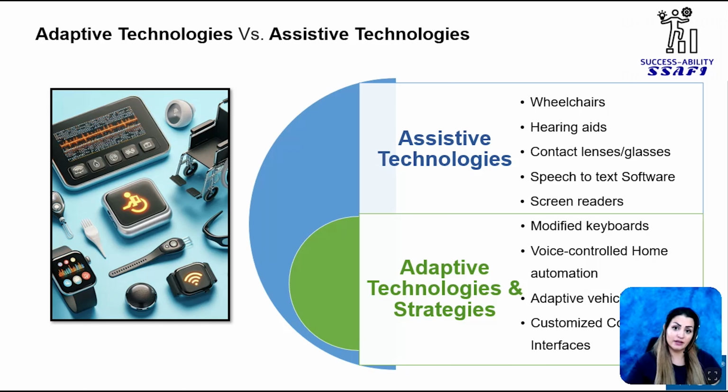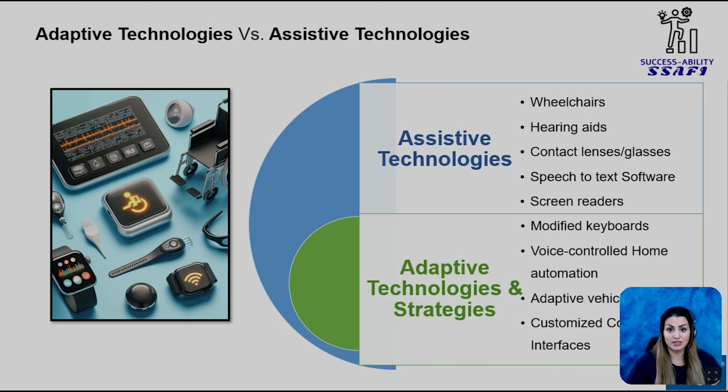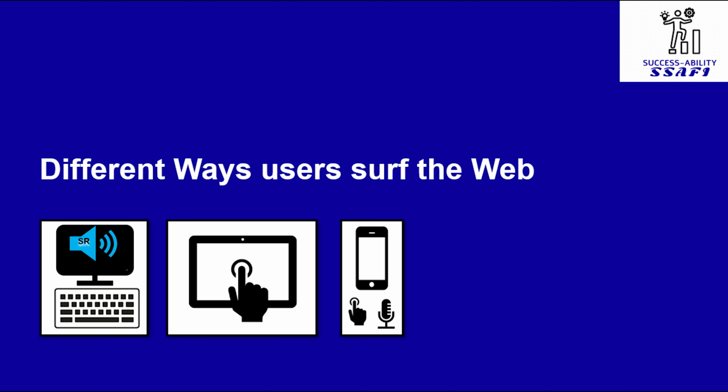On the other hand, when we look at screen readers, wheelchairs, speech to text software, they are built off the shelf focusing on users with special needs. Keeping in mind that there are many technologies and tools that people leverage, let's take a look at some of the common ways that people interact with web pages.